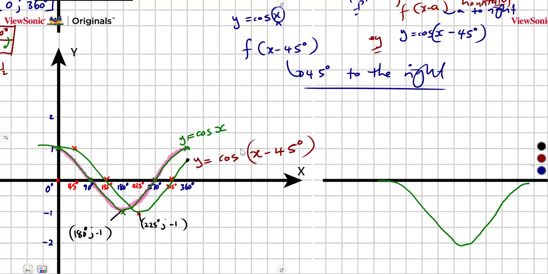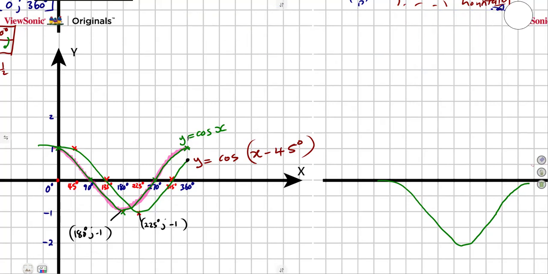Be able to see this effect when they have drawn the graphs for you. If you are able to tell these effects, then you won't go wrong. You'll be able to answer any question.